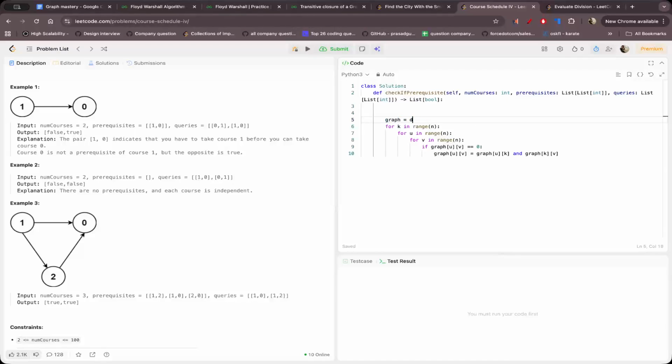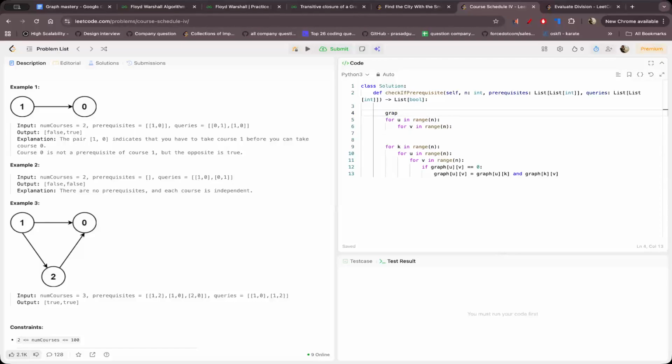So I'll say this is by default 0, for u in range of n, if I call the number of courses n, for v in range of n again.